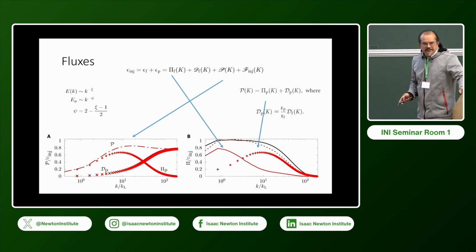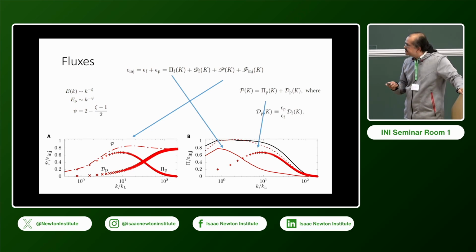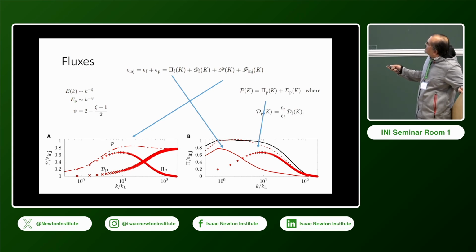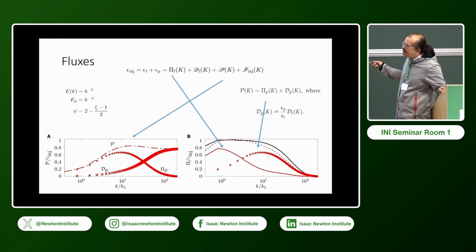Coming back, the usual way to analyze these things is through the fluxes. You look at the fluxes in Fourier space, and the total energy injection must equal the total energy dissipated. In the steady state, there is a contribution from the nonlinear term of the flow, one from dissipation, one from the polymer, and finally the energy injection.